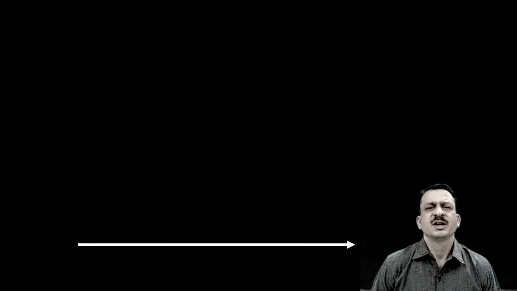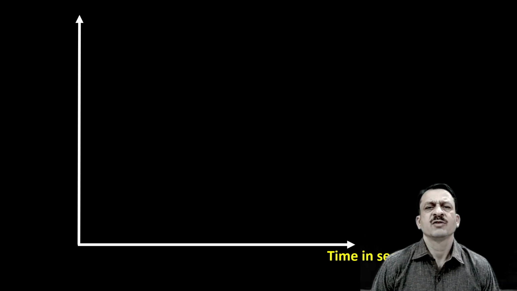Now this is the x-axis, that is along the x-axis we have taken time in seconds, and we have the position along the y-axis. Position is in meters. Now we will choose a suitable scale. Here O is the origin.